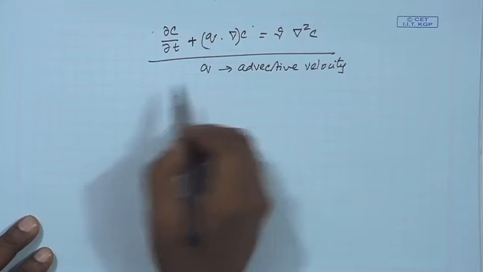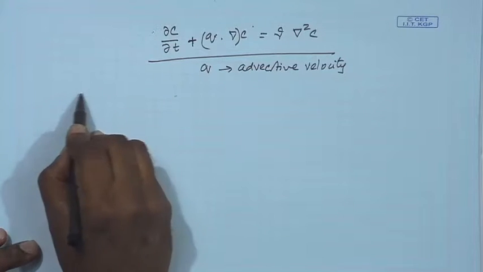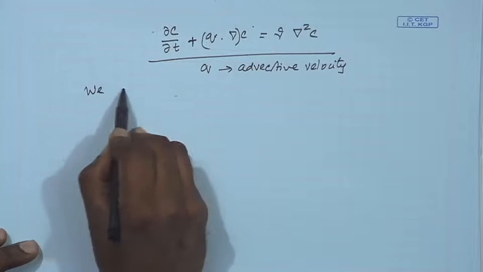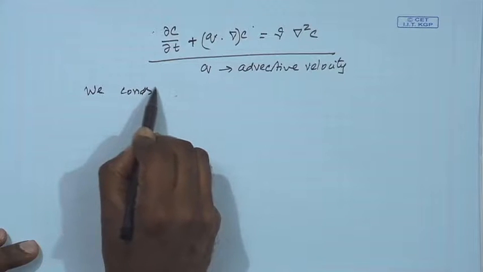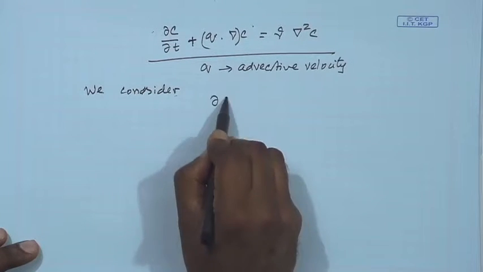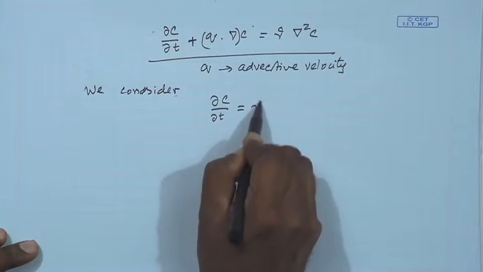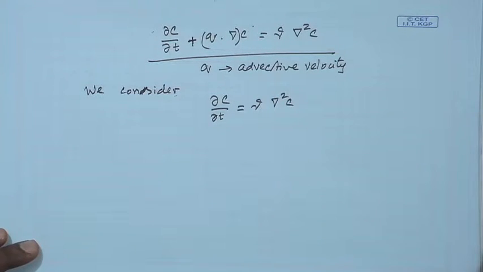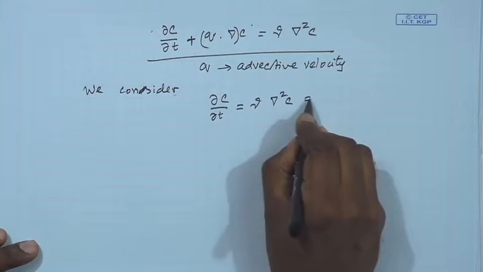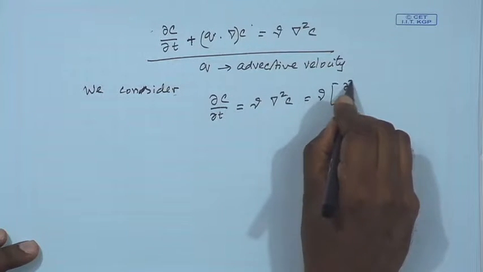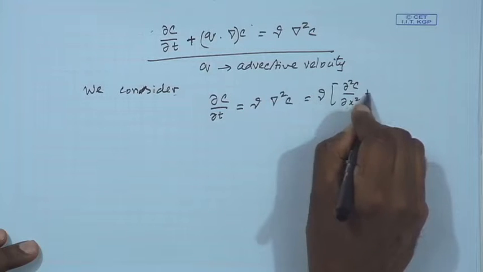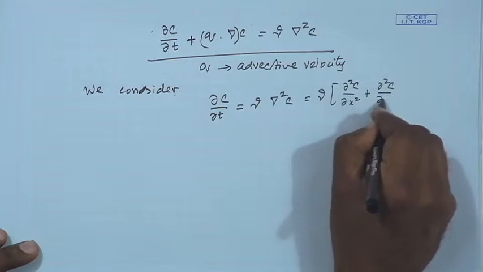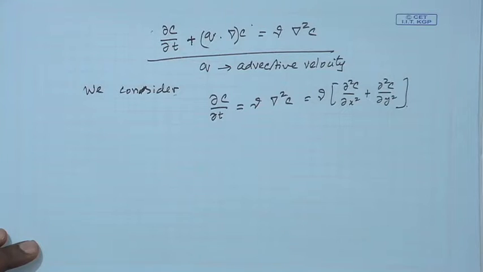So, we consider nu times del square c del x square plus del square c del y square. That is 2 dimensions; we can also have 3 dimensions.